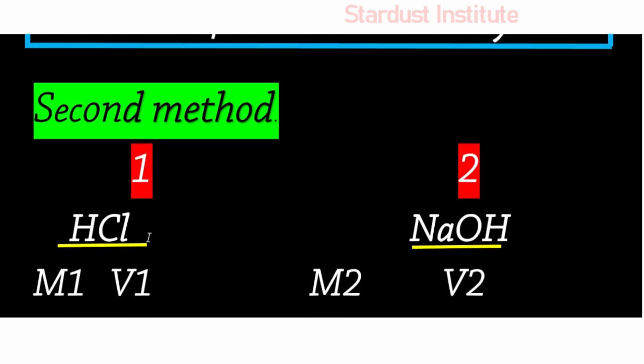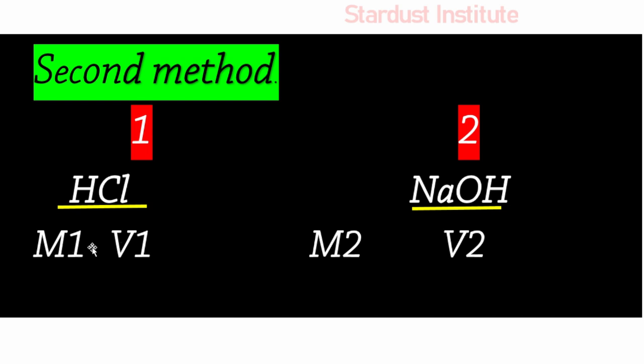We don't know the molarity of this HCl solution, therefore we can take it as M1, and the volume as V1. We can take the molarity of the sodium hydroxide solution as M2, and its volume as V2.